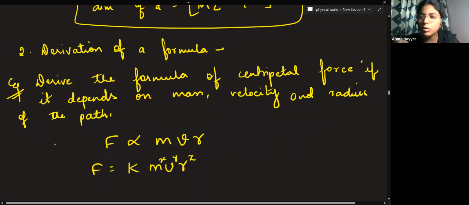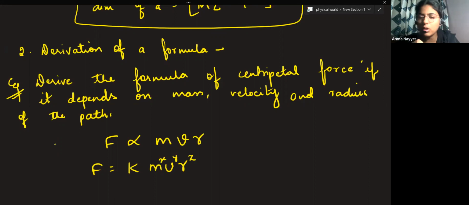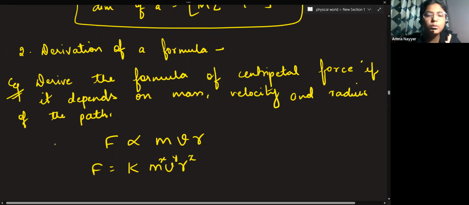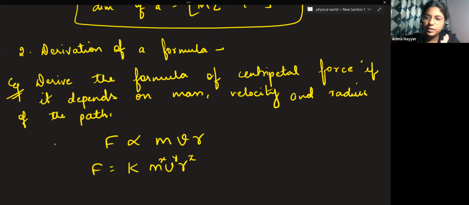Because right now we don't know their dimensions. After solving, we'll be able to find out the dimensions of each of them. Right now, we only know that force is dependent on mass, velocity, and radius. So first write down all the dependencies, since we are not aware of the dimensions part.